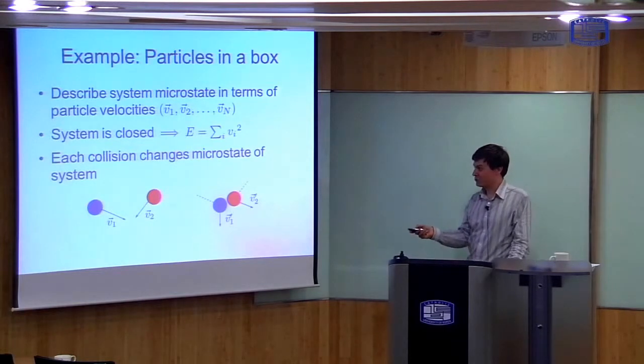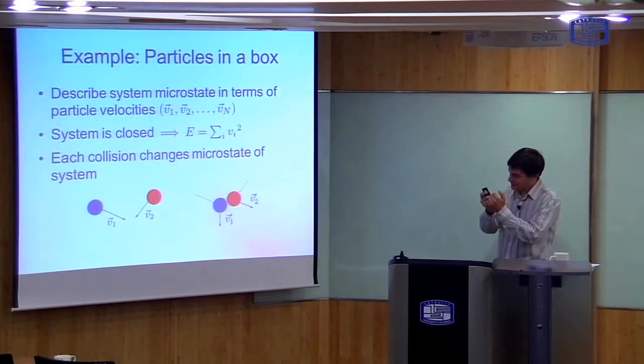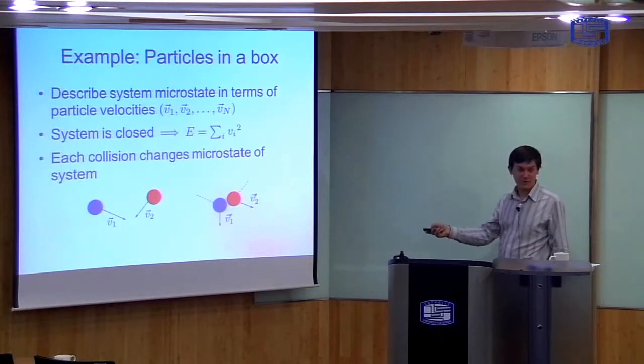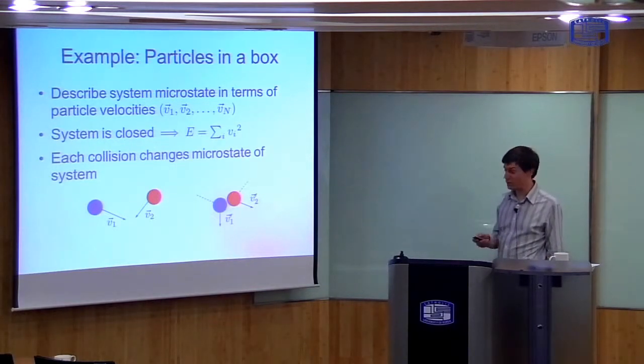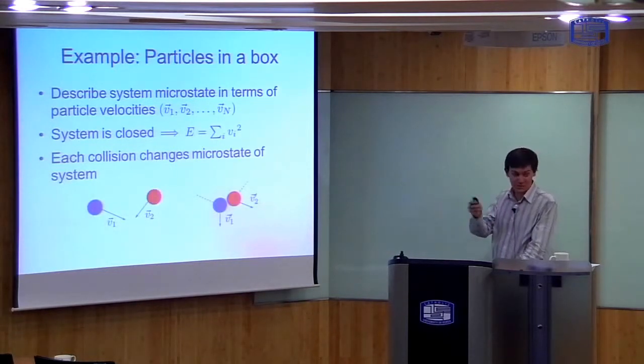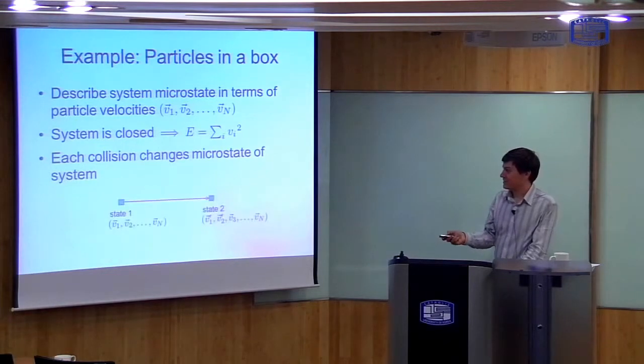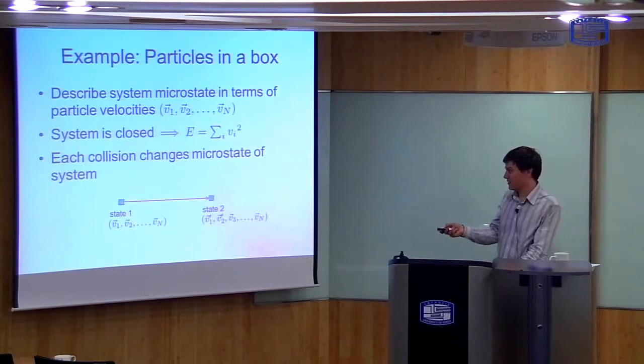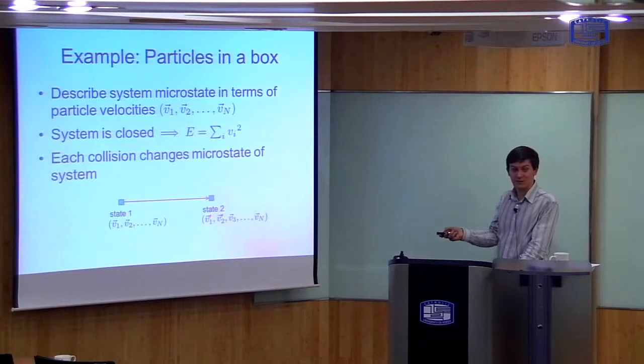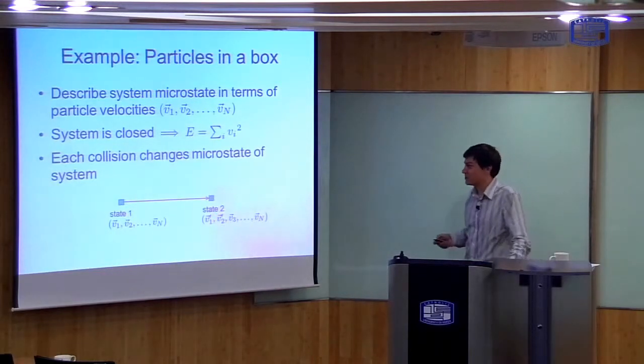For example, I have two particles here with velocities v1 and v2. After they collide, they have some other velocities, v1 prime, v2 prime. So the microstate has changed. Now I draw this symbolically like this. The system starts off in some microstate with these velocities, and it ends up in some other microstate with some new velocities, with the primes here. So the state of the system is changed by collision.